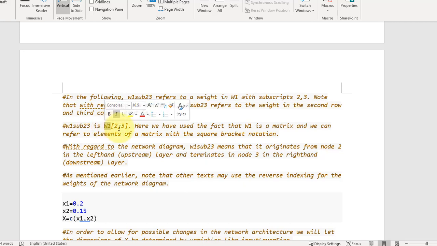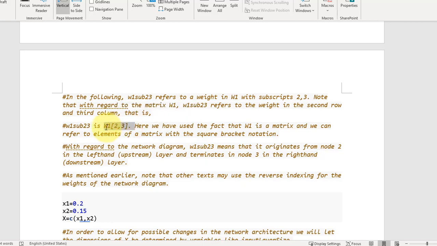This refers to the element in the second row, third column. So this refers to the same thing. This is like a name for it, but this is a way to access it from within the actual matrix. So if we bother to define this, then of course we can use that. But if we've already defined this, then we can always use this method of accessing the particular weights.